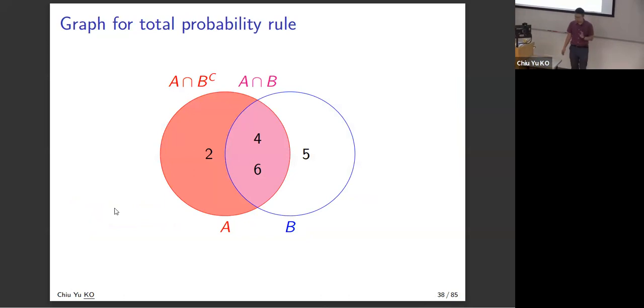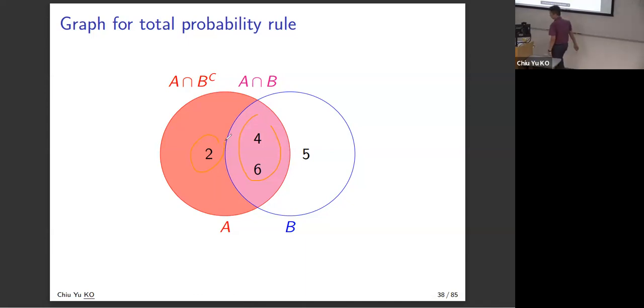A is the red one, B is the blue one. Okay? So it essentially says B cuts A into the part with B and the part without B. Right? So whether A is together with B or without B, right? That's why you can say the probability of A is A with B plus A without B. Okay, that's very simple.